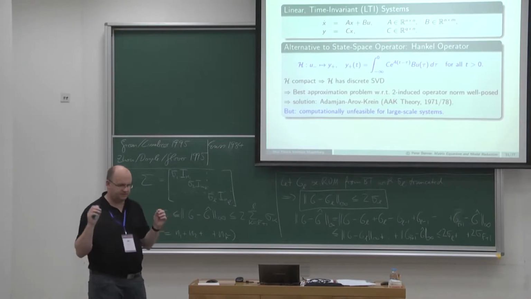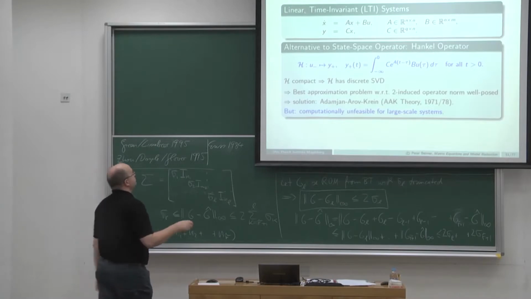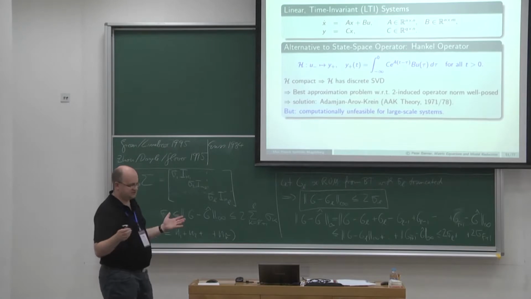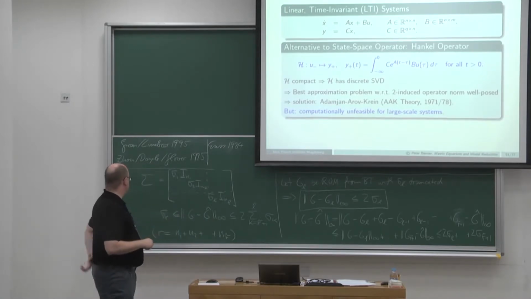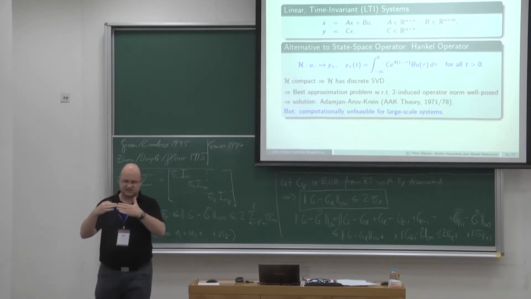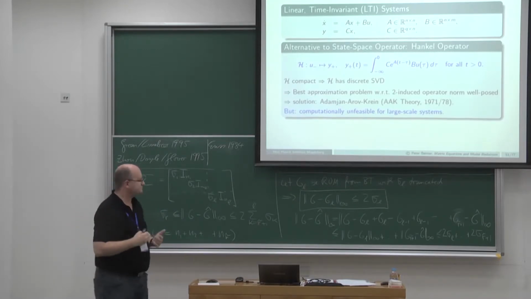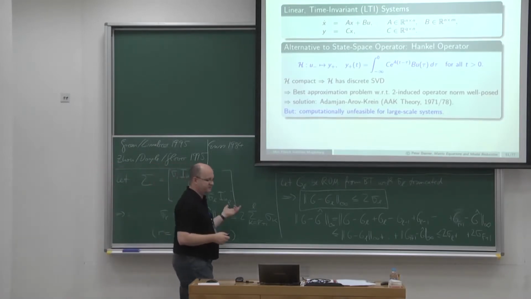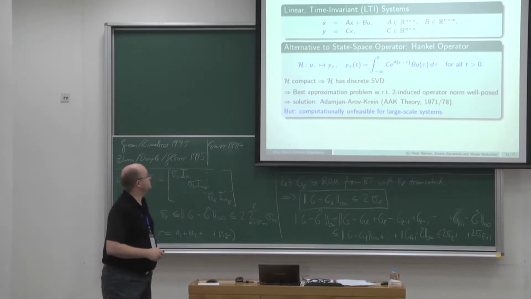So you can do basically the same thing as you do for the SVD, but it's not computationally feasible for large-scale systems. And it leads to this procedure that I called Hankel norm approximation. In that Hankel norm, which is like the spectral norm of a matrix, the Hankel norm of the operator is just sigma 1. It gives you the best approximation in that, as I said, semi-norm if D is present. But it's not so easy to compute.